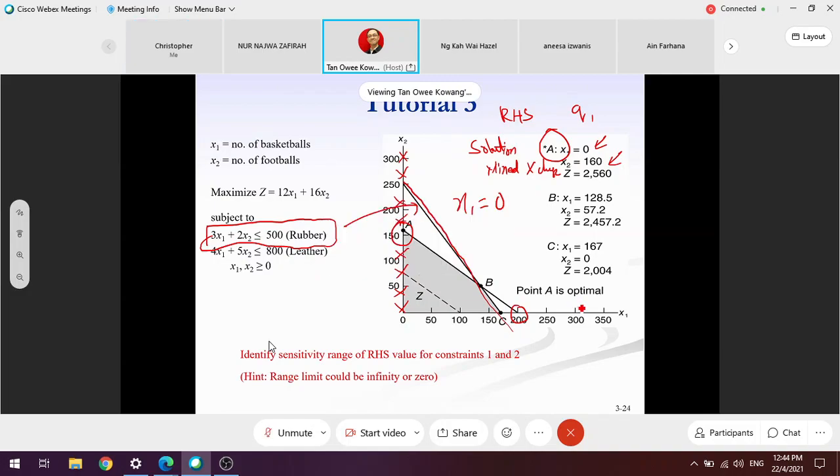Yeah, correct. Solution mix unchanged. So what is the moral of the story? The implication is kalau optimum point is on paksi x1 or x2, it means there's only one limit of sensitivity range. Faham?